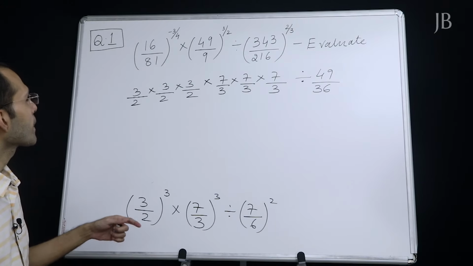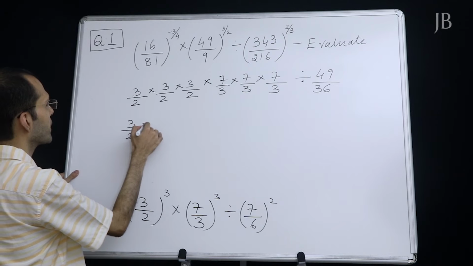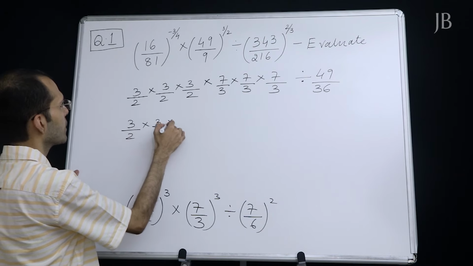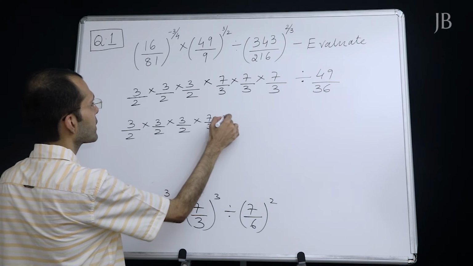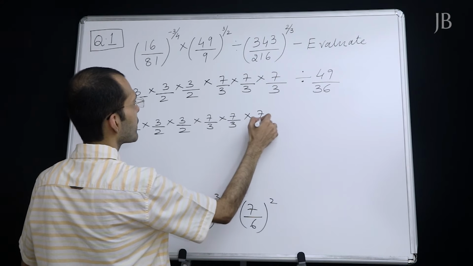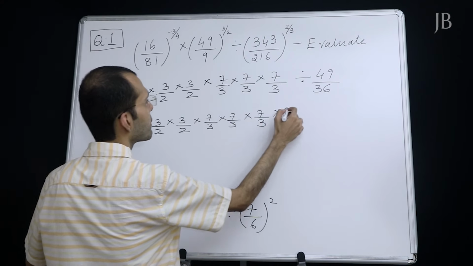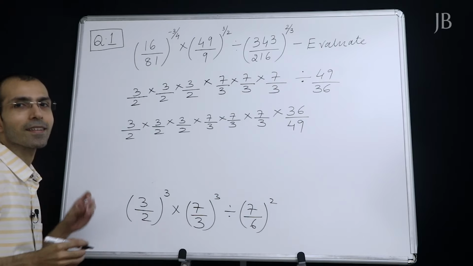Now this will be again 3 by 2 into 3 by 2 into 3 by 2 into 7 by 3 into 7 by 3 into 7 by 3 multiplied by 36 upon 49.